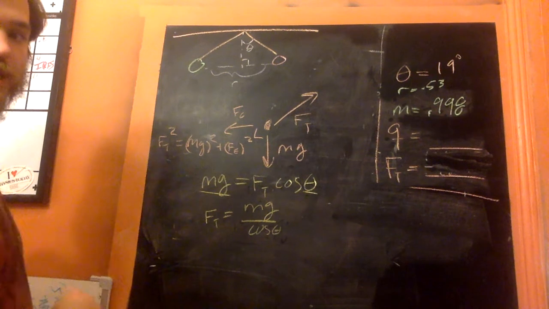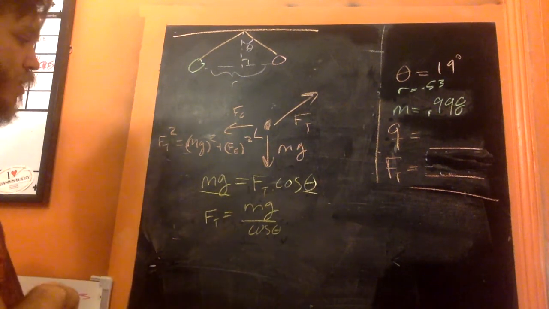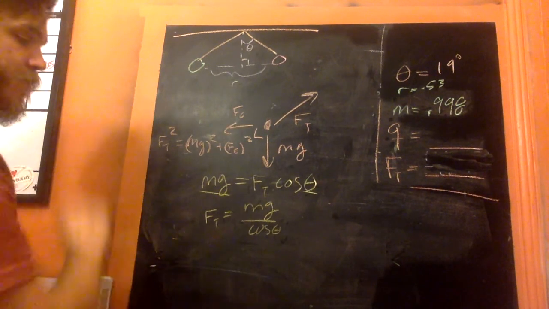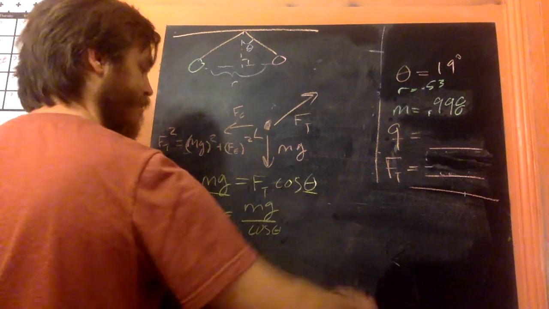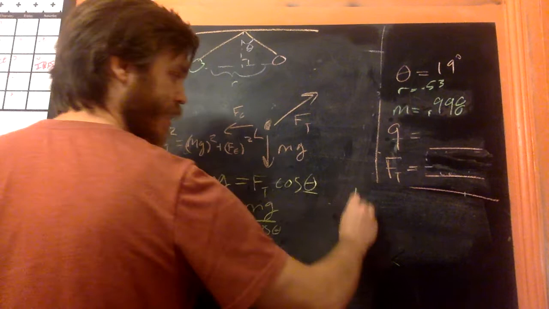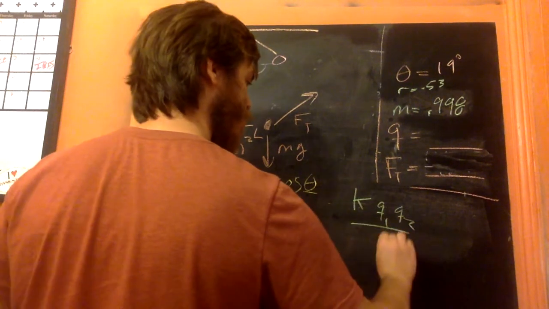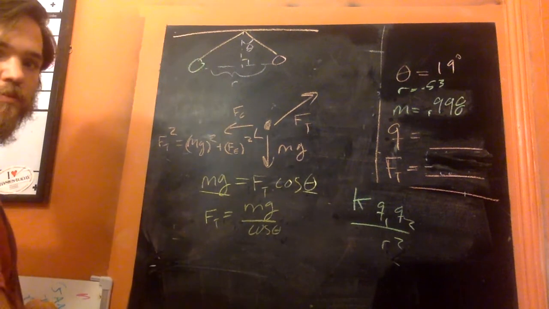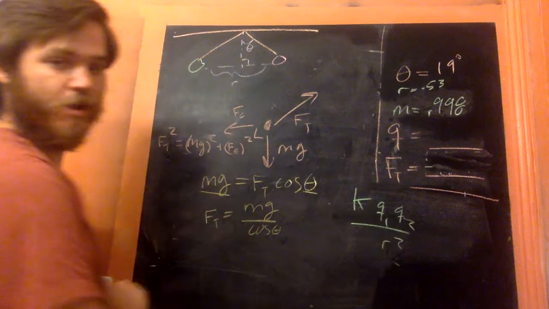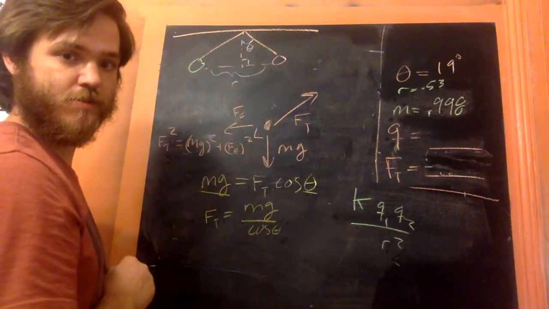Now again, using the same Physics 1 thought process, we can solve for Fc, and it's helpful to think about what form Fc takes. The Coulomb force takes the form K Q1 Q2 over R squared. However, in our case, we know that Q1 and Q2 are equal, both by symmetry and by the given arguments.